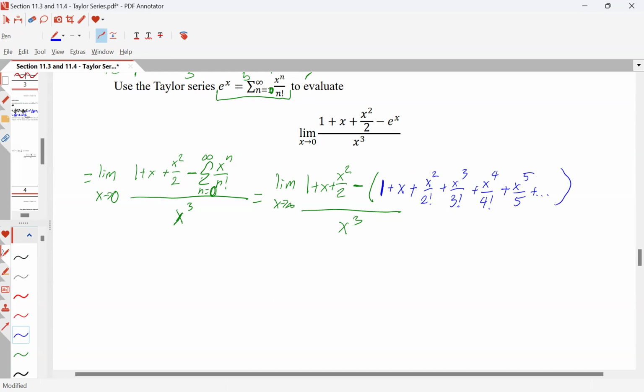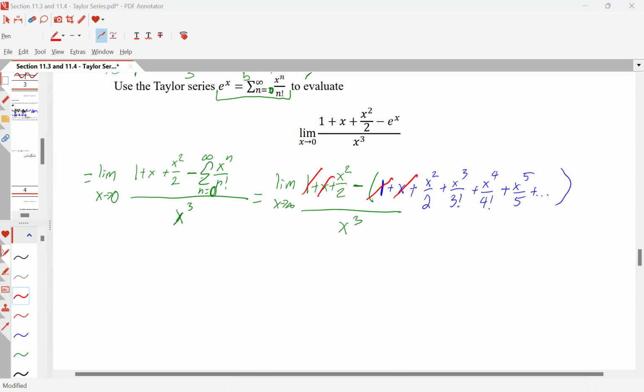But now that numerator is a polynomial. 2 factorial is 2. So 1 minus 1, we know by combining like terms, those cancel. X minus x cancels.